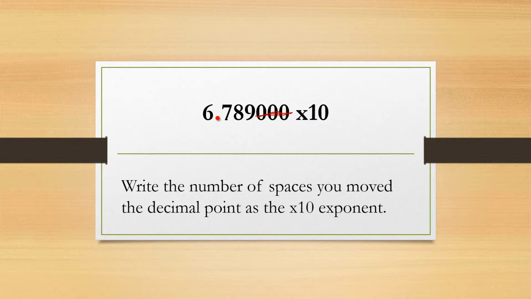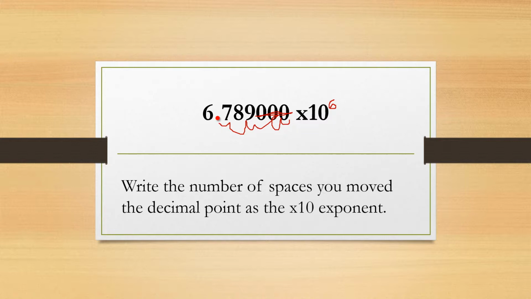Now, what was that number I told you to keep in the back of your mind? The number of places we moved the decimal point to get behind the 6. We moved it 1, 2, 3, 4, 5, 6. So we take that number 6, the number of decimal places we moved, and use it as the exponent on the times 10.